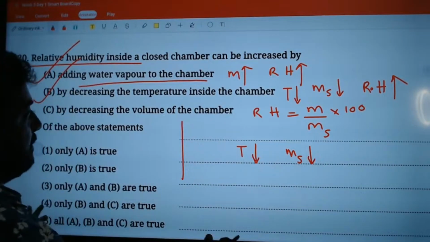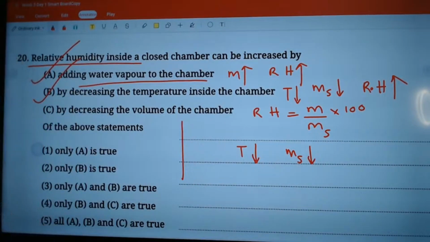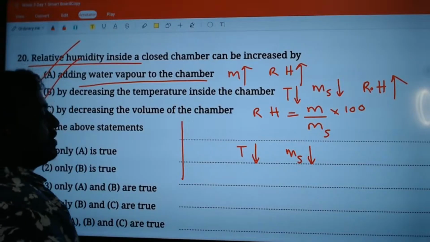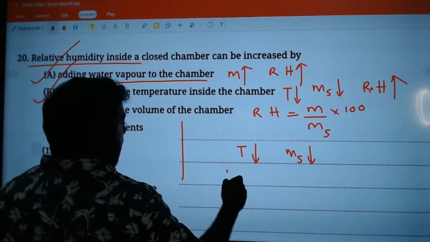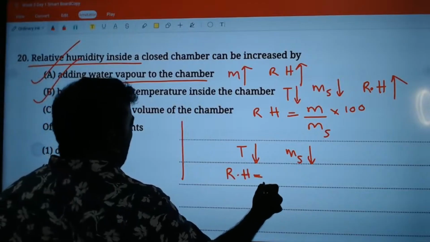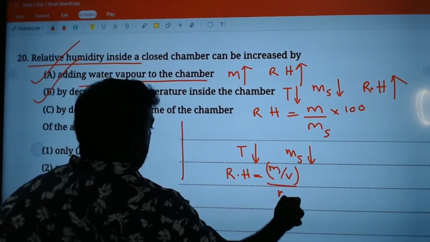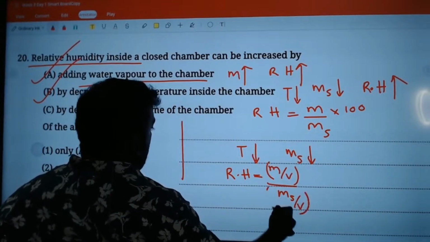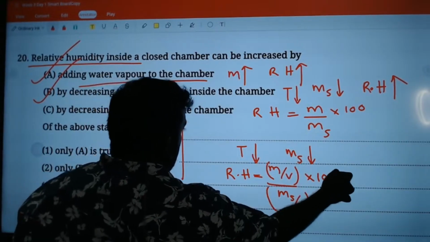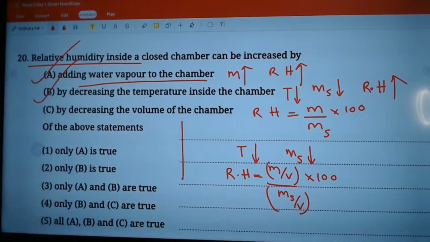By decreasing the volume of the chamber. Look at the board carefully. Now RH you can also write in terms of H, m over V over m_s over V, times 100.